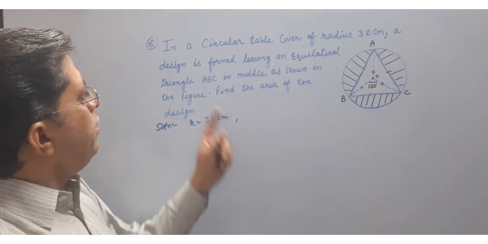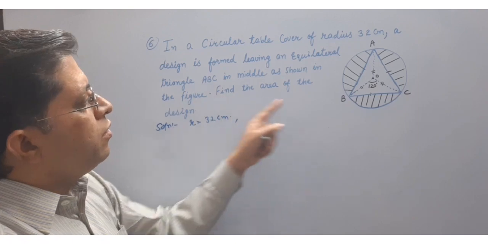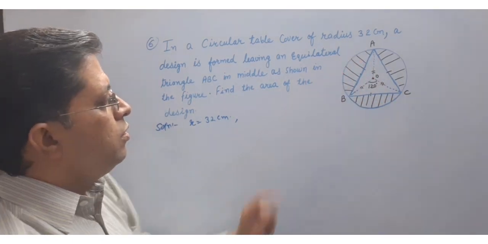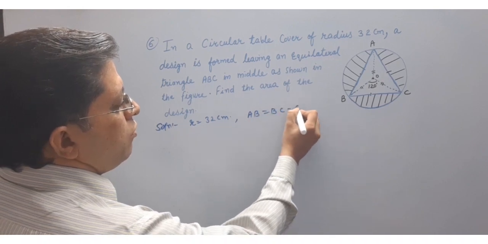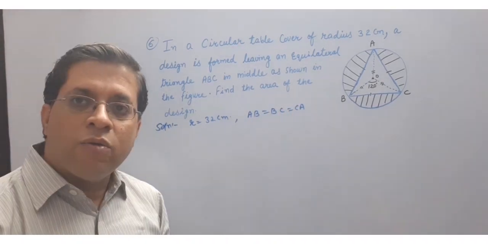Radius is equal to 32 centimeter. And the design is formed leaving the equilateral triangle. This is your equilateral triangle ABC. Equilateral triangle means AB equal to BC equal to CA, all three sides are equal.